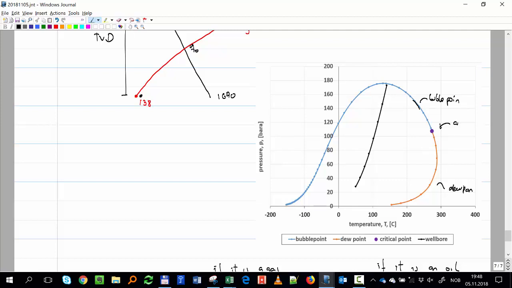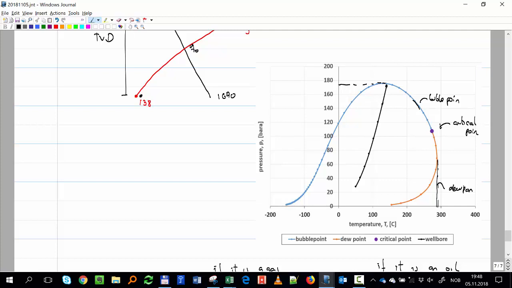This is the critical point. What is the cricondentherm? You remember that name? The cricondentherm is this value here, and the cricondenbar. Maximum temperature, maximum pressure.